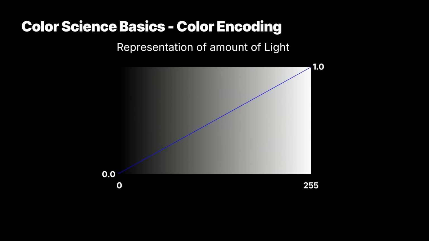And so the minimum value is off, and the maximum is as bright as this particular device can go. And one of the questions we might ask ourselves is, well, what happens here at the pixel value in the middle? How much light is that? And as it turns out, it is not 50%.